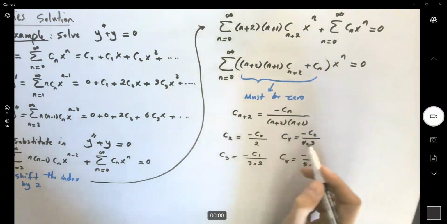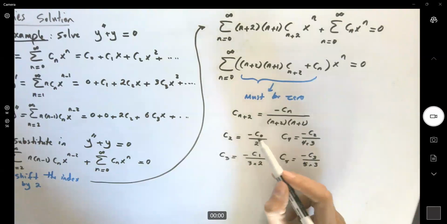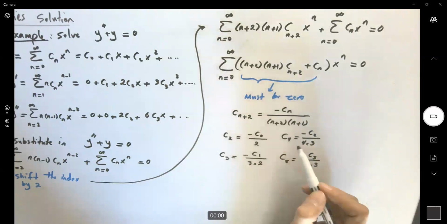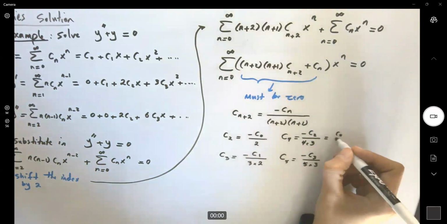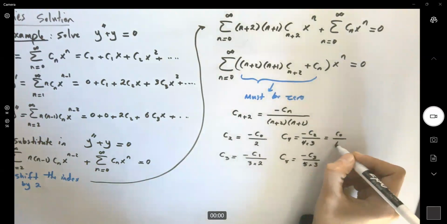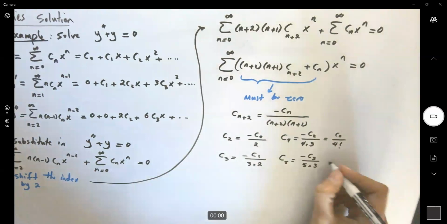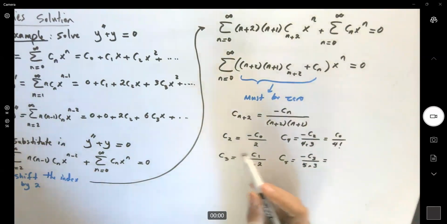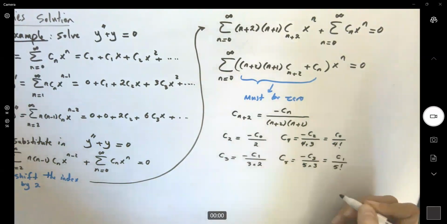You're trying to find a pattern between these. But c sub 2 is equal to negative c sub 0 over 2, right? So your c sub 4 becomes c sub 0 divided by 4 times 3 times 2, or just 4 factorial. Your c sub 5, if you plug in c sub 3 here, becomes c sub 1 divided by 5 factorial.